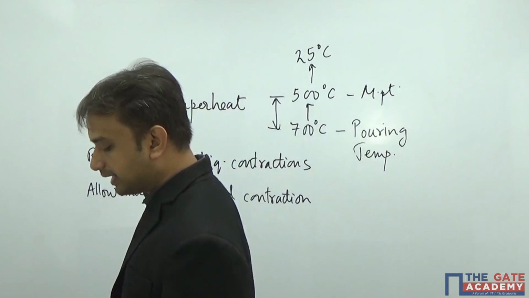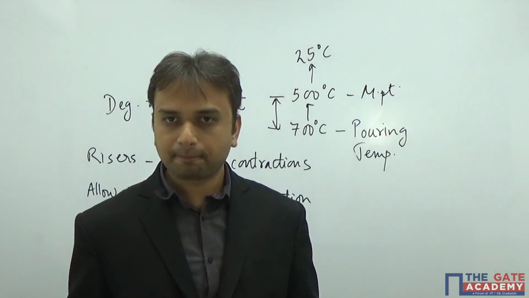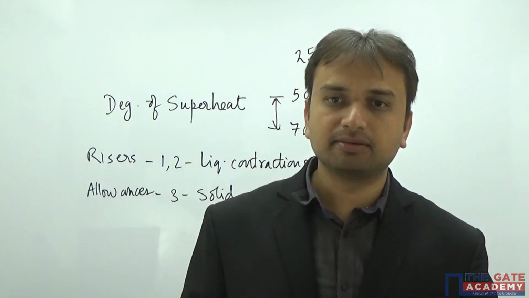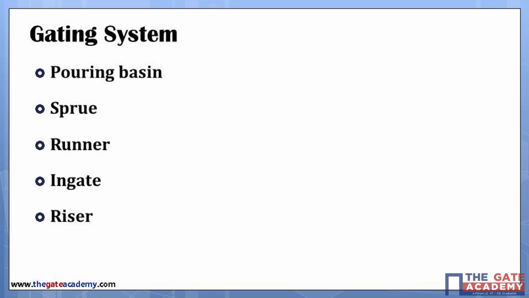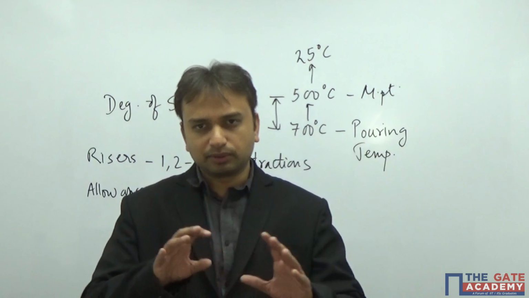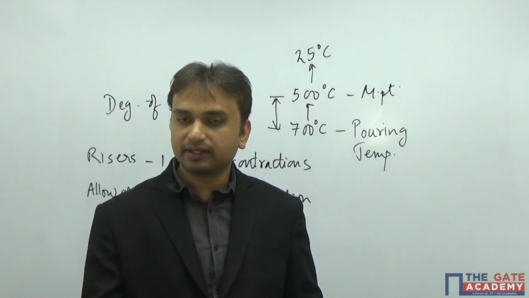First of all, the gating system is the path followed by the molten metal to reach the mold cavity. You can see that we start from the pouring basin, sprue, runner, ingate, and the risers. We have not included the cavity because that is the obvious thing, and we have included the riser also.